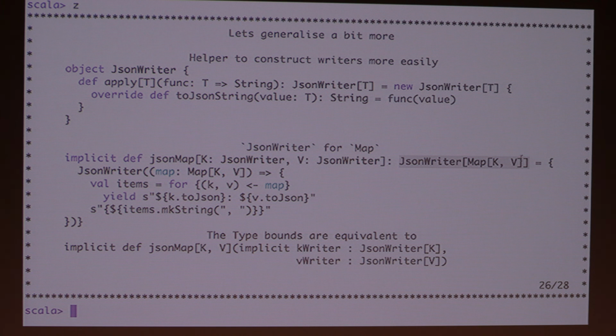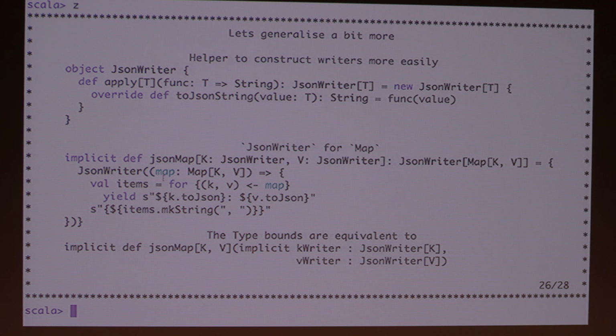So I've written down here that these type bounds that we saw here with the colon are nothing more than implicits that should be available. This is exactly equivalent to this notation. So given some k and v, we also require that there is a JSON writer k implicitly in scope and a JSON writer for v implicitly in scope. Otherwise we cannot call this method.